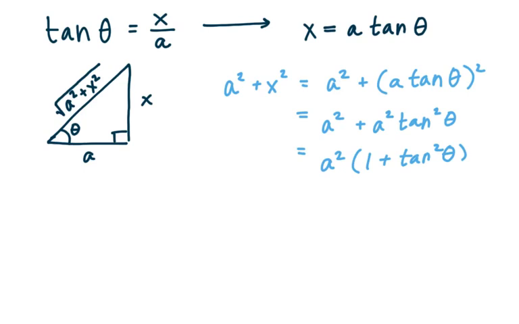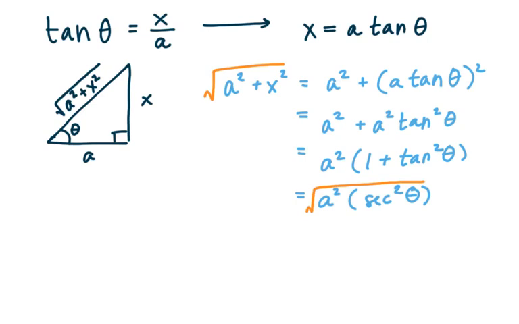And we all know by the Pythagorean identity that 1 plus tangent squared theta is equal to secant squared theta. So if I were to apply a square root on the left of this equation, I could apply a square root on the right.